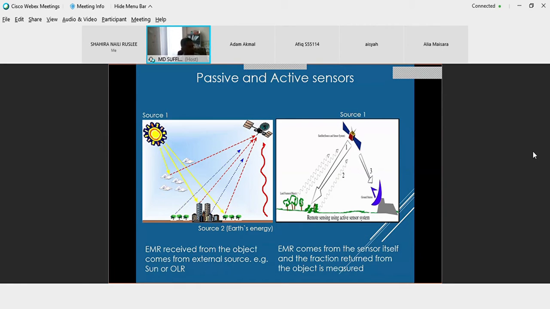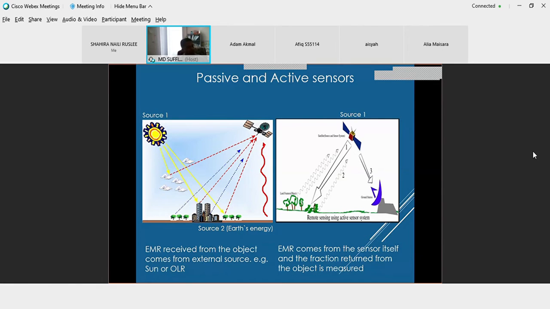Sebagai contoh, kalau kita tengok di situ, sensor ataupun platform ataupun satellite, dia tak guna their own energy or light source. It depends on solar radiation. So pada waktu malam, bermaksud bahawa dia takkan capture apa-apa radiation daripada permukaan bumi.